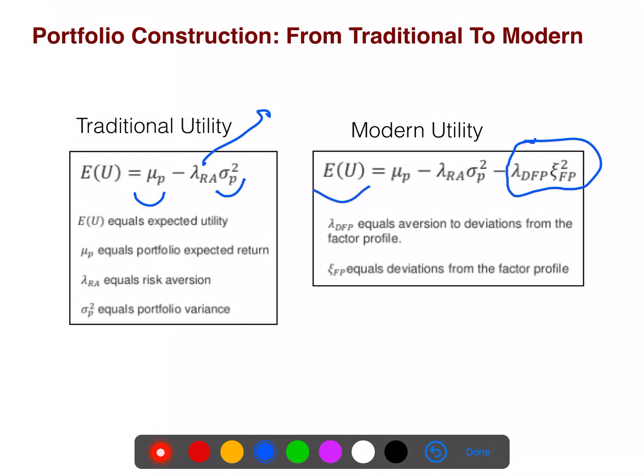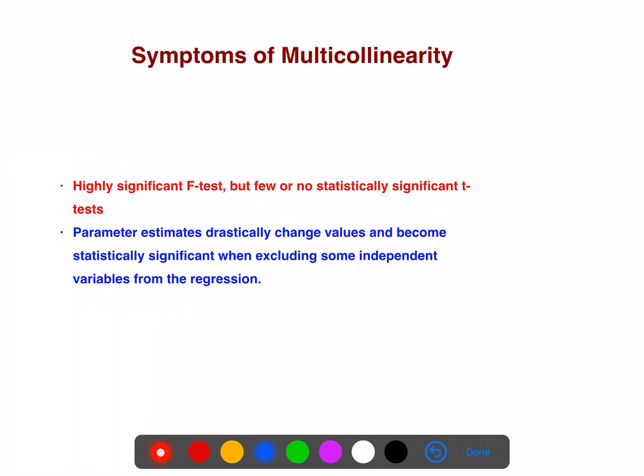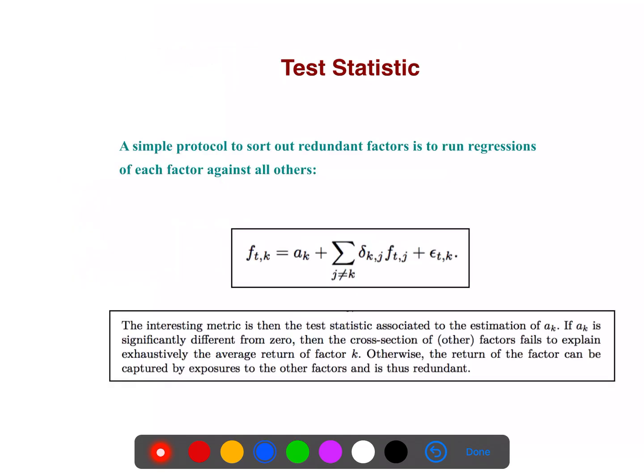Multicollinearity is a problem when some of your independent variables have some relation with each other, so you make a relationship between your independent factors to remove that.